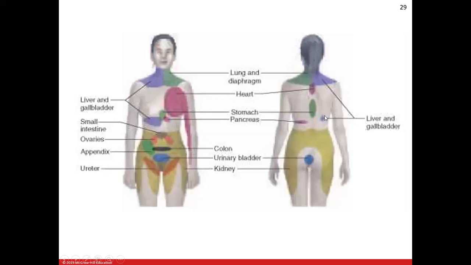Oftentimes you'll feel it right above the gallbladder itself, then also in the middle back, and oftentimes right around the shoulder blade as well. So those are just some of the key visceral organs that can give you different types of referred pain. Again, the pain is originating in the organ, but because it travels along the same pathway as the somatic afferents, you're going to perceive it as somatic in nature.